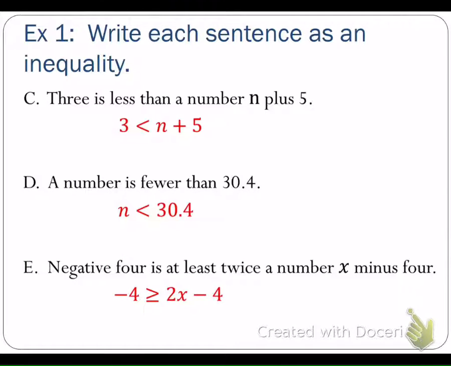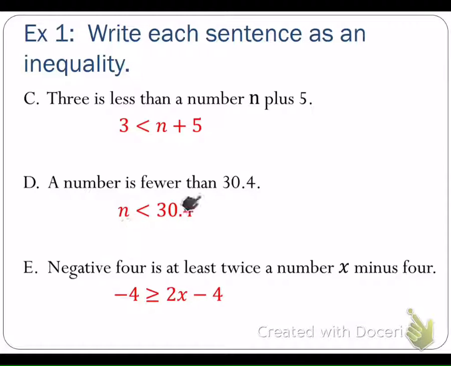All right, so here are the answers for C, D, and E. We'll just read through them. So 3 is less than, so that's the less than symbol. A number n, that's where the n comes from, plus 5. Part D, a number is fewer than. Is fewer than is the same as is less than.